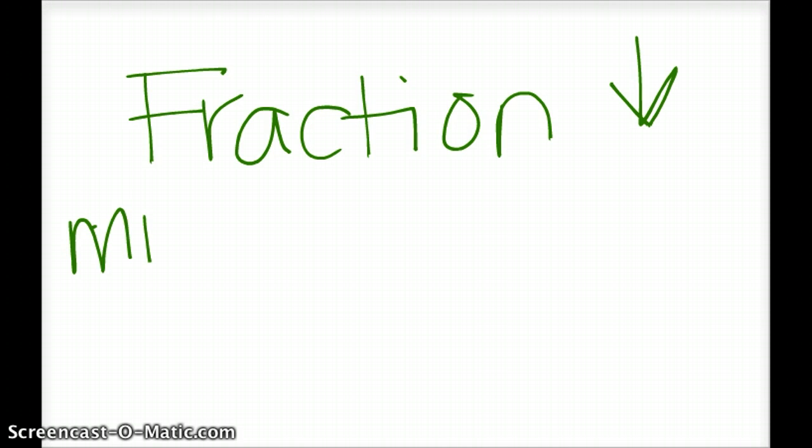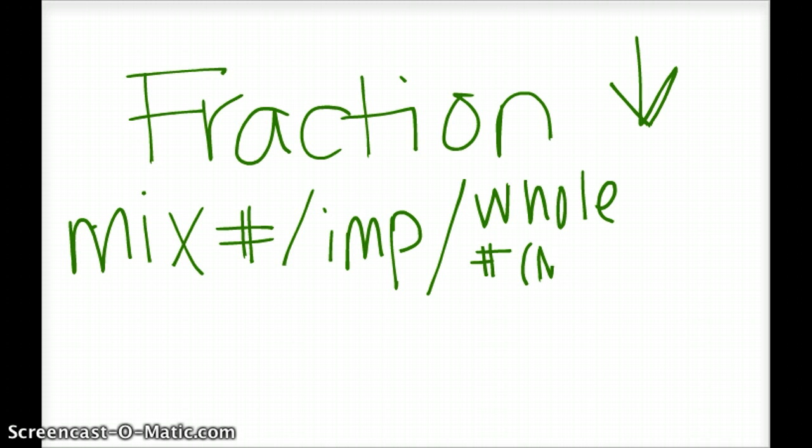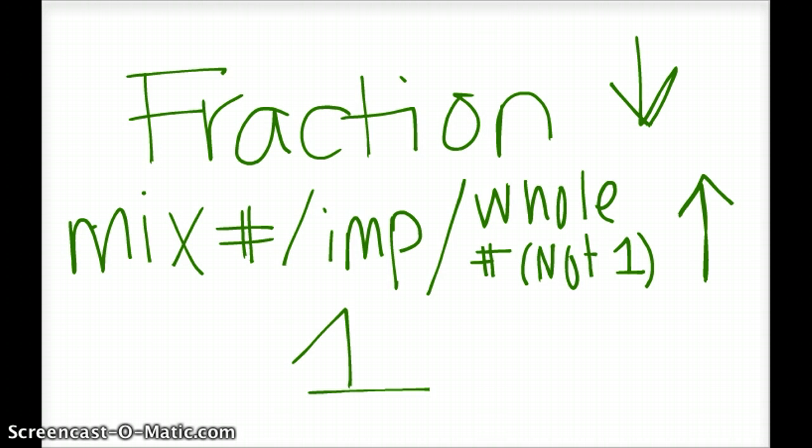By a mixed number, or an improper fraction, or a whole number not equal to 1, it's going to be larger. If you're multiplying by 1, it's going to be equal. Remember that. Learn it, memorize it.